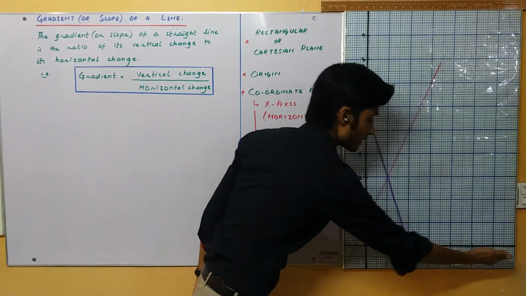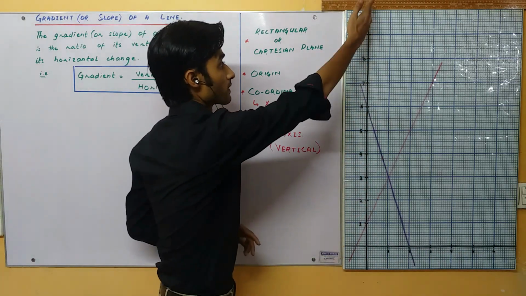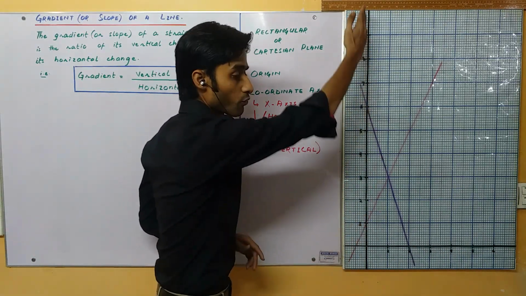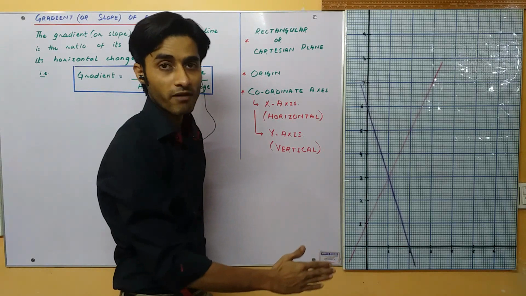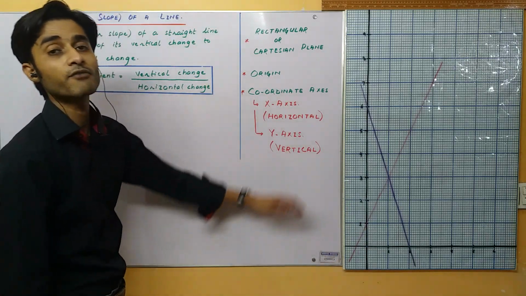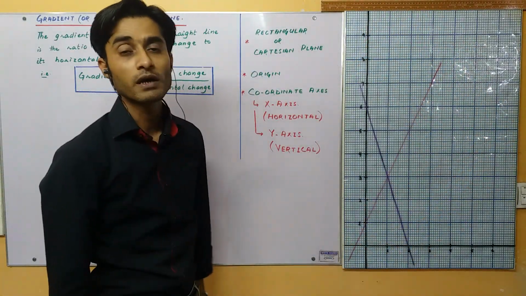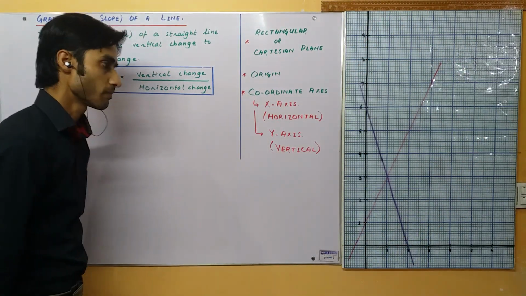You can see this is the horizontal axis, this axis is called the x-axis. This is the vertical axis or the vertical number line called the y-axis. They both intersect each other at an angle of 90 degrees and then they form a plane. This plane is called the rectangular or Cartesian plane.